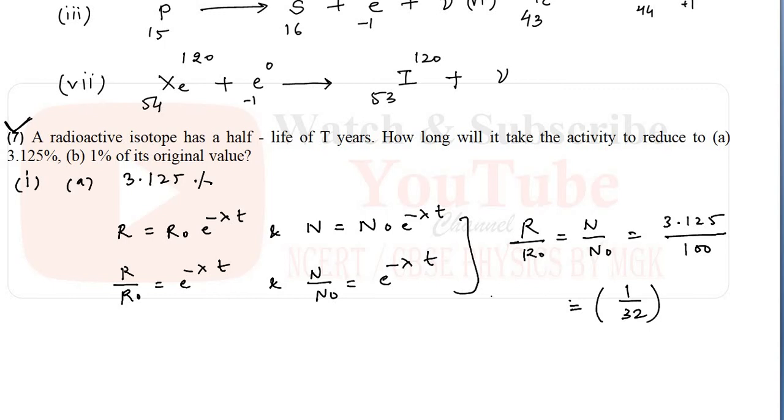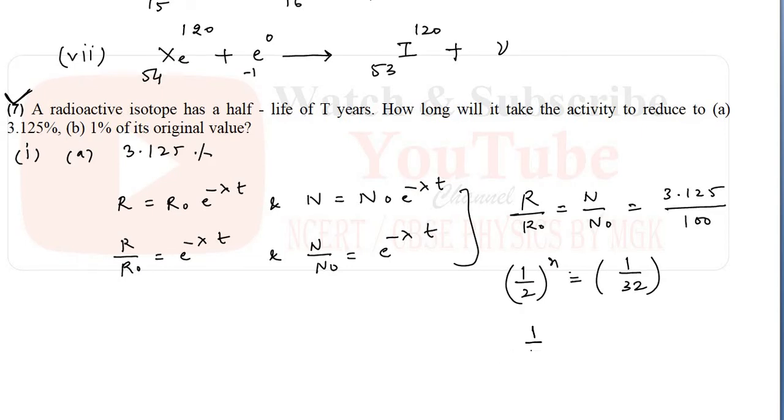And it is the half-life time. So N upon N naught is equal to 1 upon 2 raised to n. So 1 upon 2 raised to n is equal to 1 upon 2 raised to 5, because 2 multiplied 5 times gives 32.